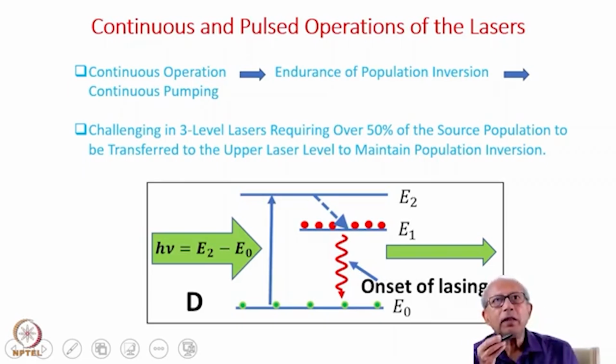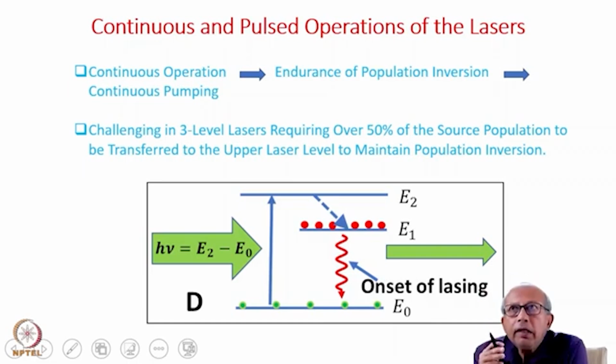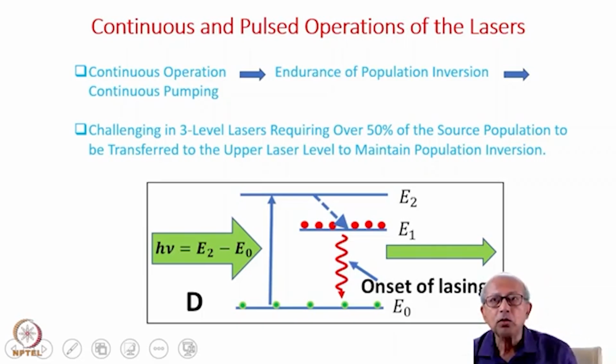See, if you have to make the laser work in a continuous mode, then understandably, the population inversion also has to be maintained in a continuous fashion, because only if there is population inversion, there will be gain. So amplification of light is possible by stimulated emission of radiation. So maintaining population inversion continuously means the pumping also has to occur in a continuous manner.